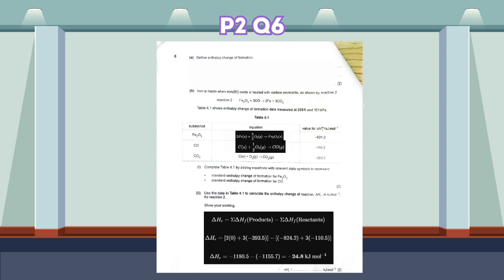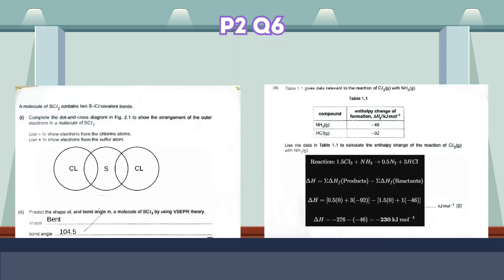And then for the next question on enthalpy change of formation, we use Hess's law like this, and the answer equals minus 248.